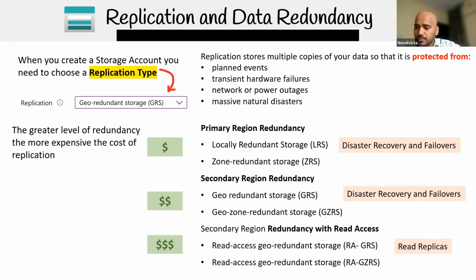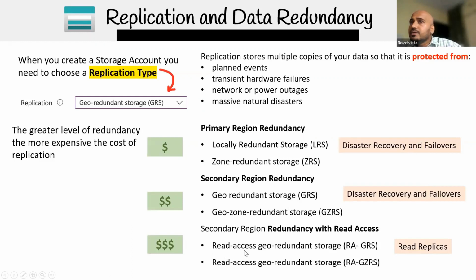If your primary region is East US, then your secondary region will be West US. So 3 additional copies will be kept in West US. They will be asynchronous copies. That's what geo redundant is.